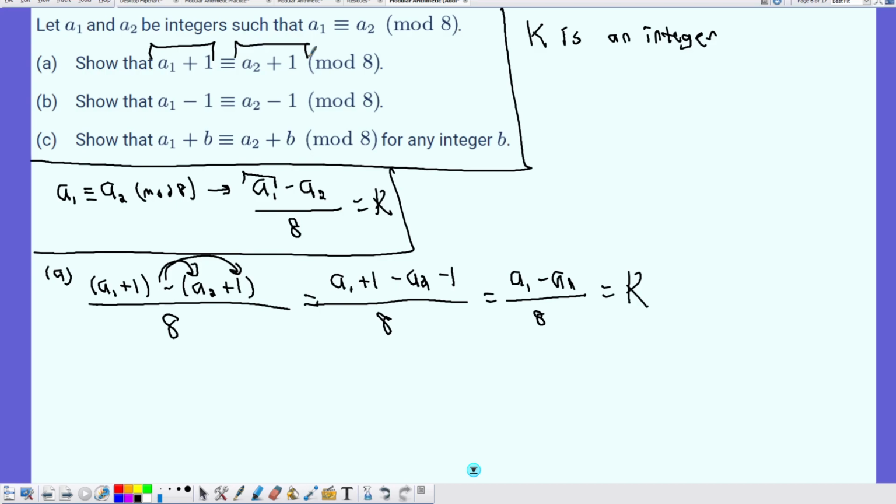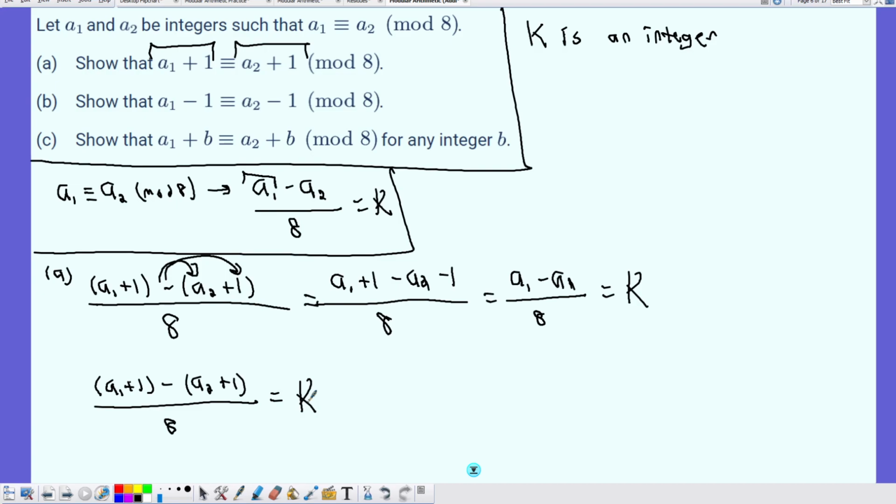This has established for us something very nice, which is the fact that what we began with, our a1 plus 1 minus a2 plus 1 over 8, is the same as k. We have established that equivalence, and we know k is an integer.